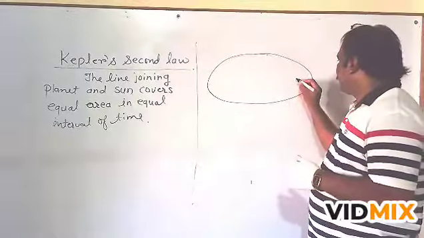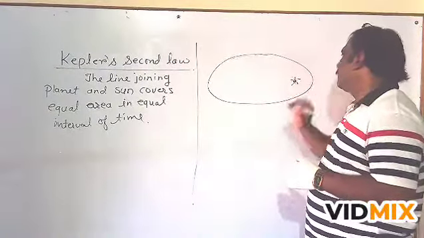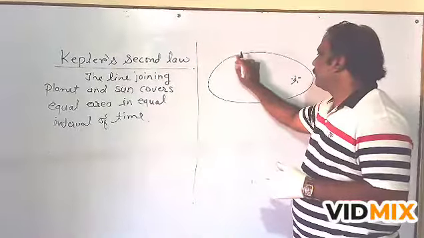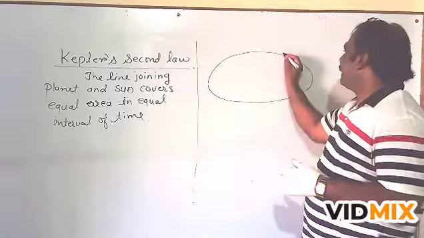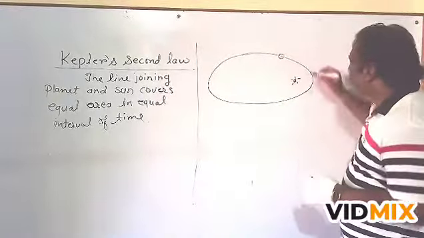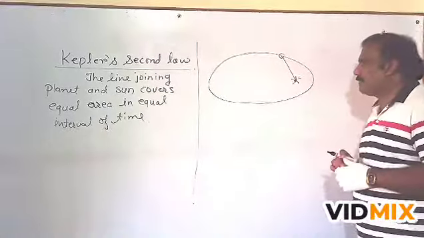Let the position of the sun be here at this focus, and consider planet Earth. Let the position of planet Earth be here. So this is the line joining planet and sun.